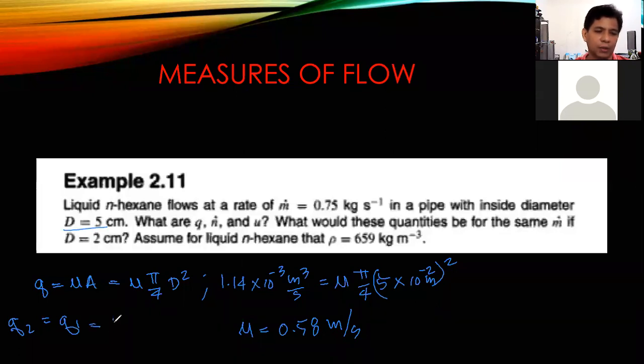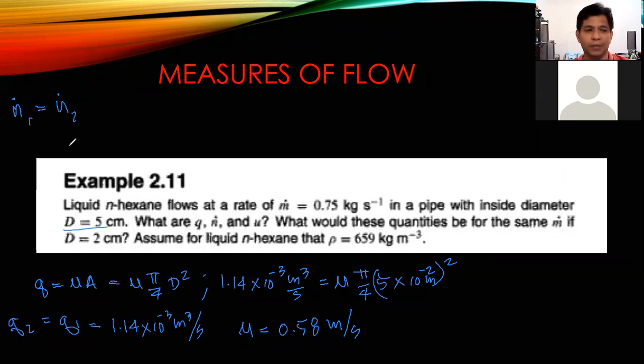So Q2 is still 1.14 times 10 to the minus 3 meter cube per second. Yung n dot ganun din. Yung n dot 1 equal lang yun sa n dot 2, kasi hindi naman nagbabago ang molar mass ng hexane, ano? So, it's still equal to 8.72 mole per second.